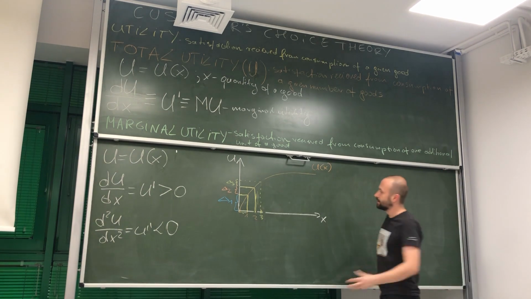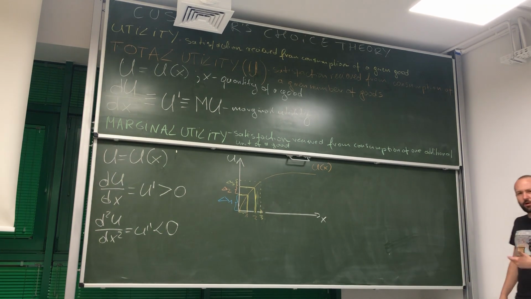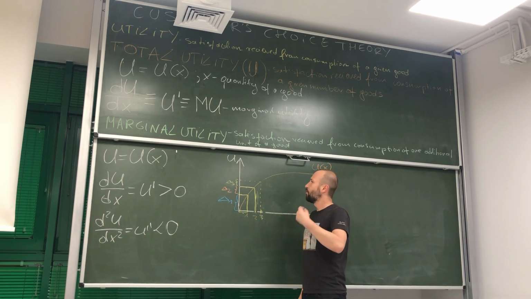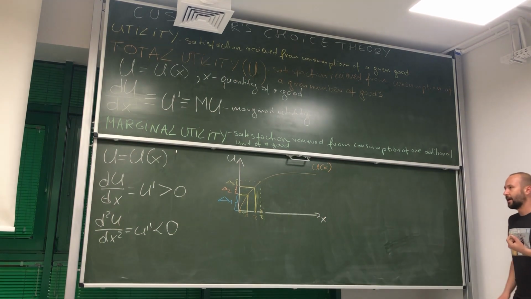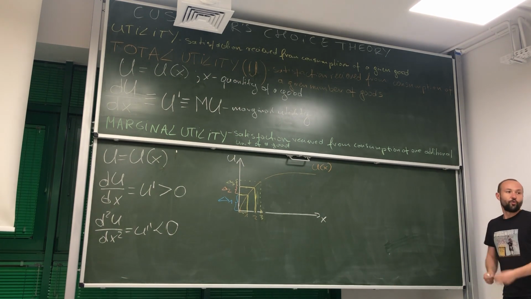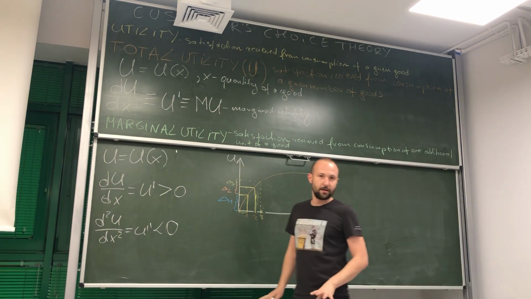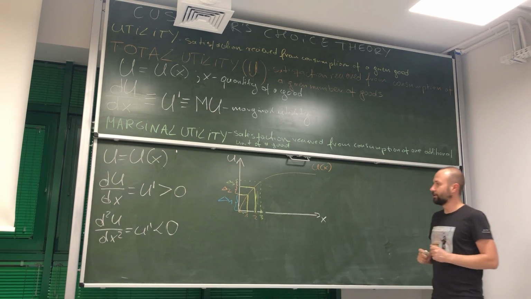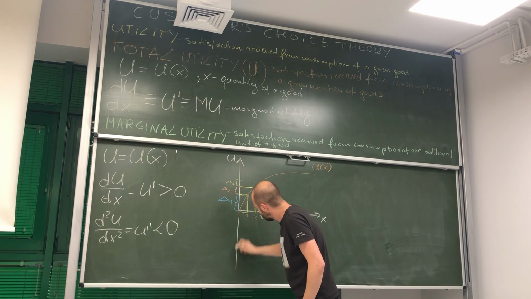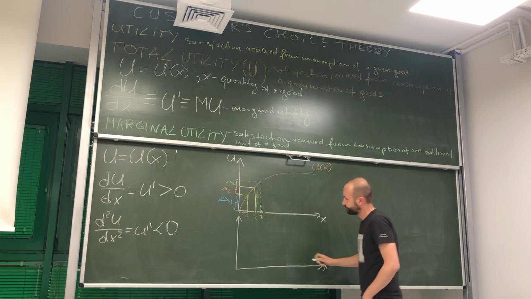It reflects the simple fact that the more of something we consume, the less we value each additional unit. And look, based on what we said about this, we can also say quite a lot about marginal utility. Why? Because the marginal utility should be a decreasing function.